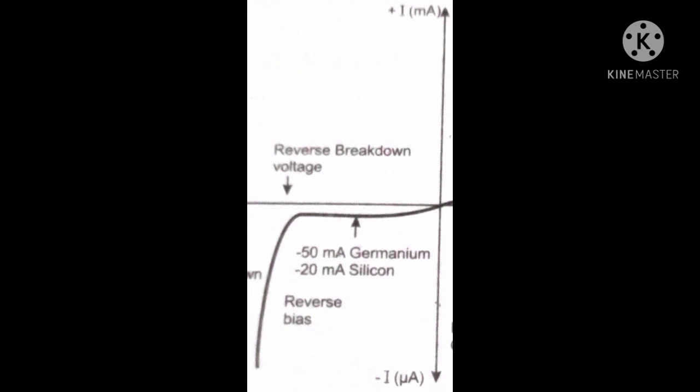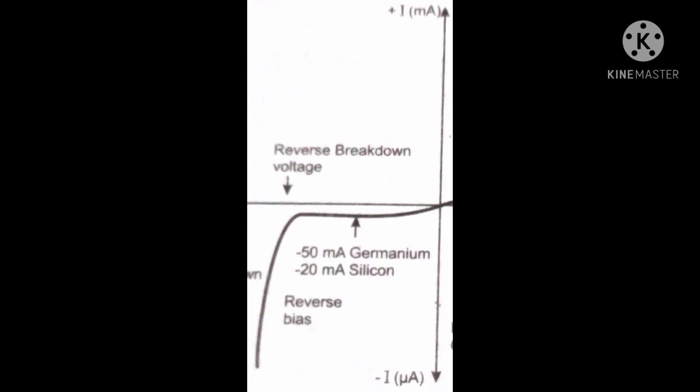This is due to covalent bonds breaking and a large number of carriers becoming available for conduction. At this stage, the diode no longer behaves like a diode, and this effect is called avalanche breakdown.